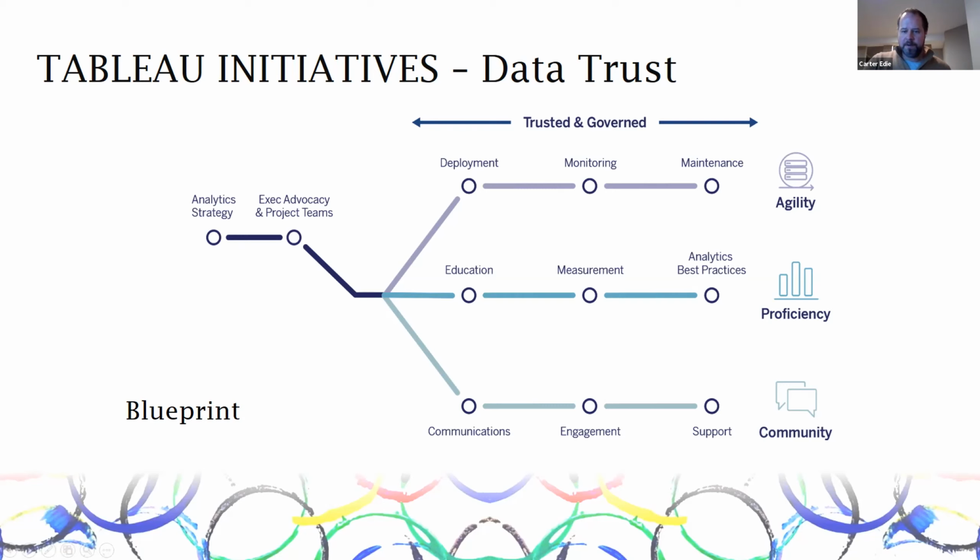And for instance, with the blueprint, the tagline is prescriptive, repeatable, and proven results. So they're already thinking about how to implement some of these data change management techniques into a Tableau-wrapped initiative.